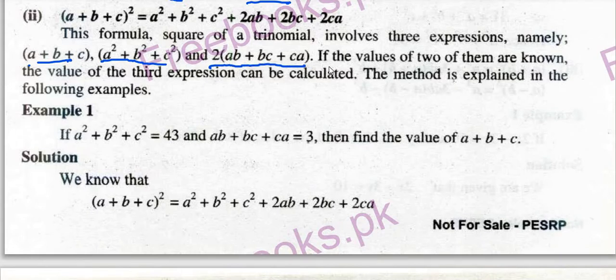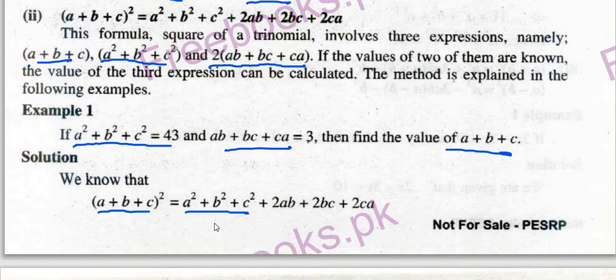If the values of 2 of them are known, you can easily find the third one. Just substitute the values, then you will get the third one. Let's do this with the help of an example. If this expression is given and this is given, you are going to find this. Just write the formula, and this is the unknown which you are going to find.